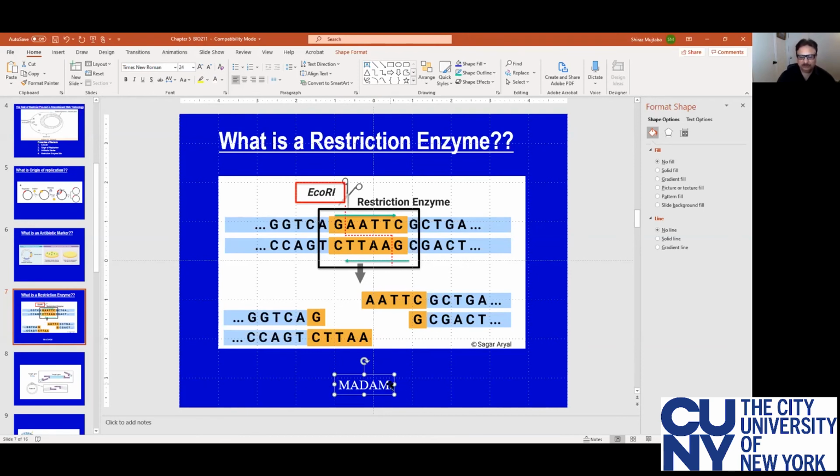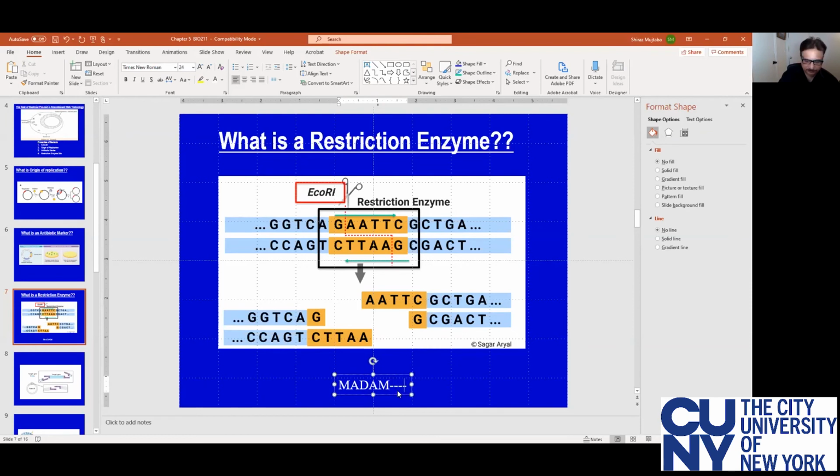Such words are called palindromes, and in terms of DNA, it is called a palindromic sequence. So these restriction sites are palindromic sequences that read symmetrically from both ends.